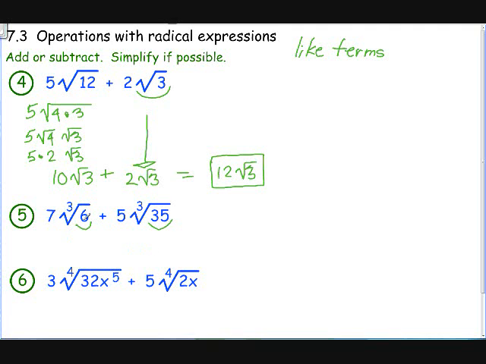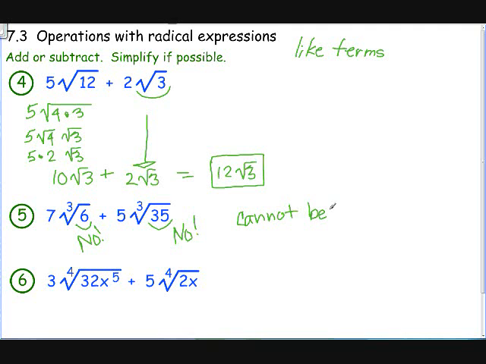You know, is there a perfect cube in here that I could factor out? No. So I can't do anything with that. Is there any way this one can become the cube root of 6? No, not using integers. It can't. It's a mess. There's no way I can do this one. So this one, we're going to say, cannot be simplified.